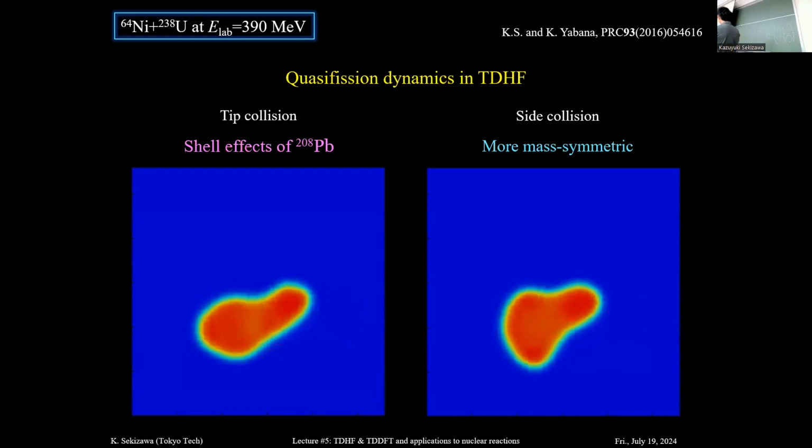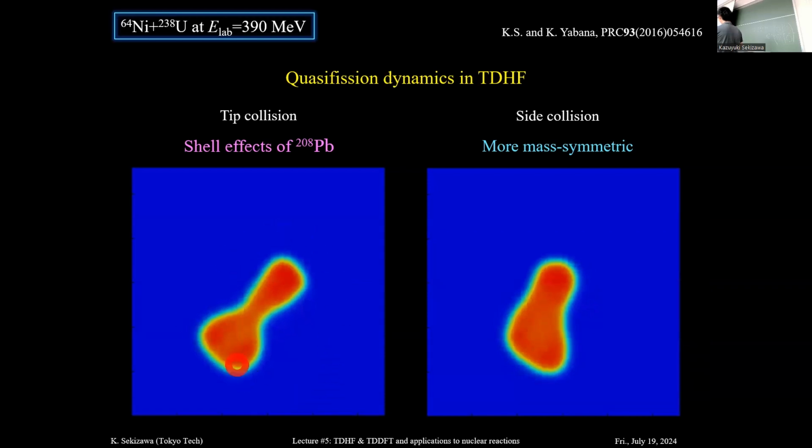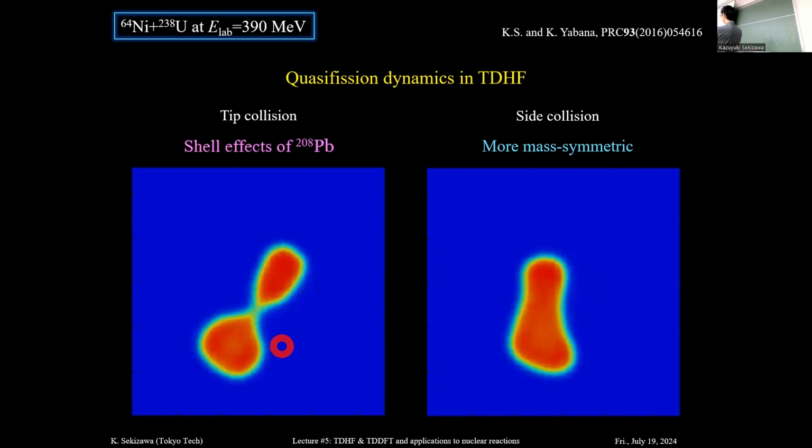So I just move both animations at the same time. In both cases, two nuclei collide deeply, but in case of tip collision, as you can see, the dinuclear system elongates more as compared to the side collision, and it splits into two in a shorter period.